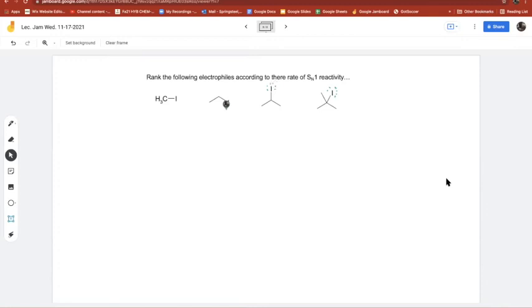So which of these electrophiles is best for SN1? Tertiary, fastest for SN1. Yep. Who's second fastest? Secondary.